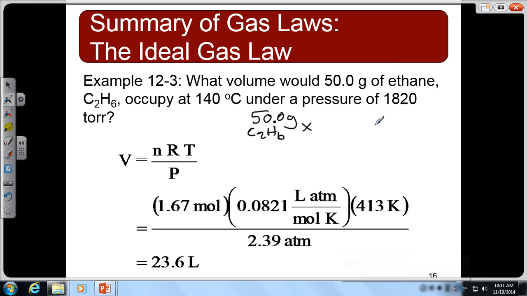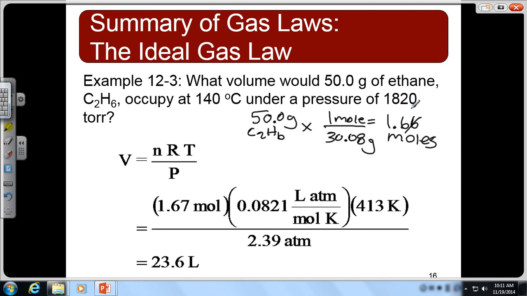If we add up the molar mass, we get 30.08 grams per 1 mole. And we end up with 1.66 moles, or 1.67 is what I have there, so we'll make that 7.